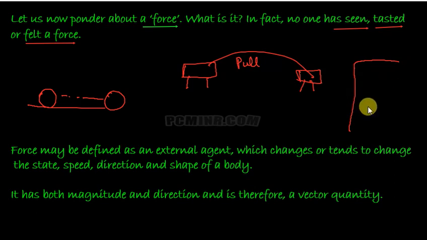And if you have something which is compressible and you press it in the middle, you will turn it into a flower like this. So you can change the dimensions of a body, the shape of a body. So all these effects which are brought about by an external agent are called the force.